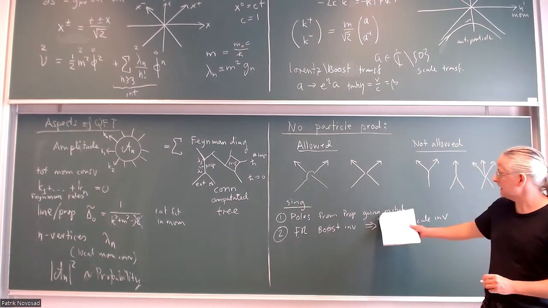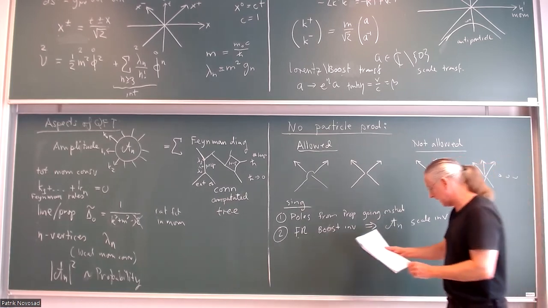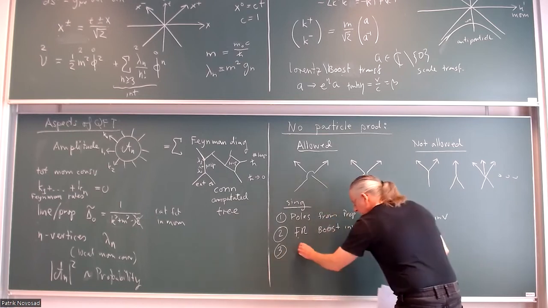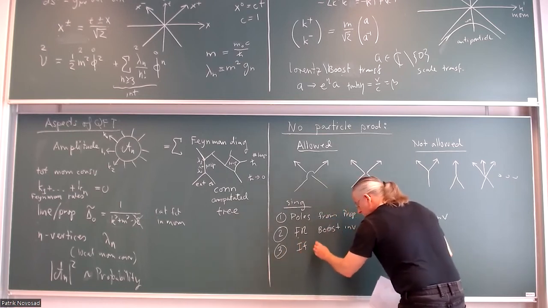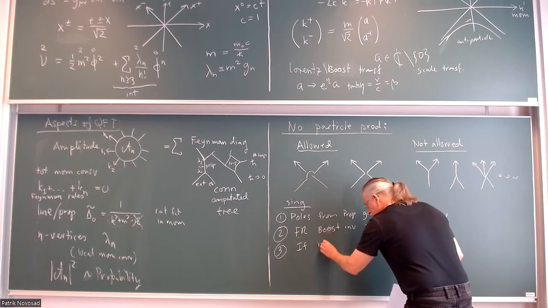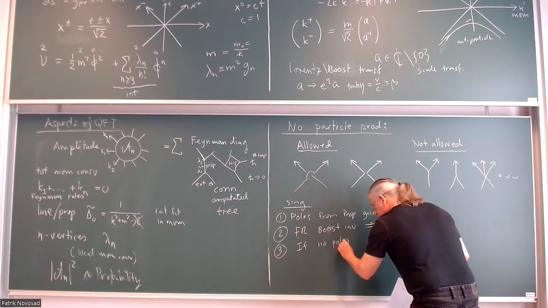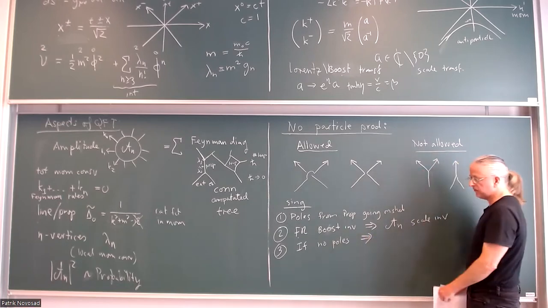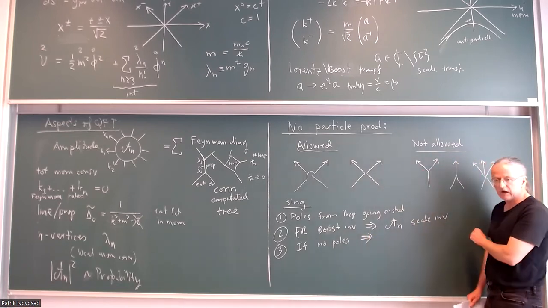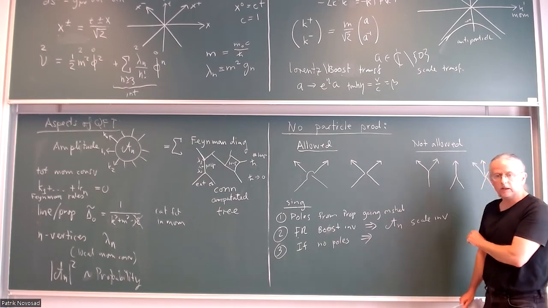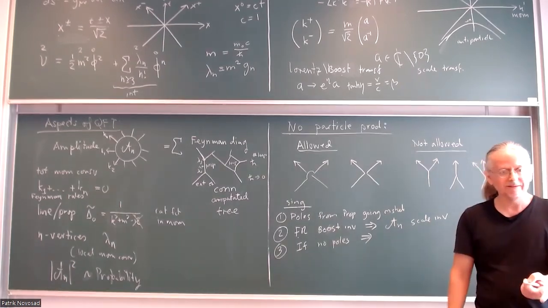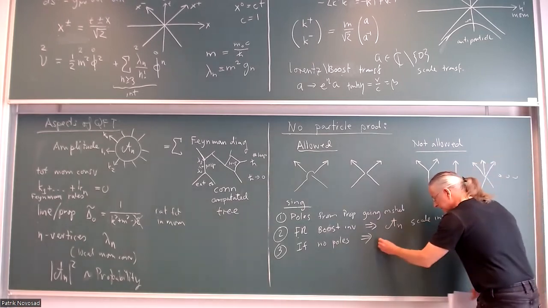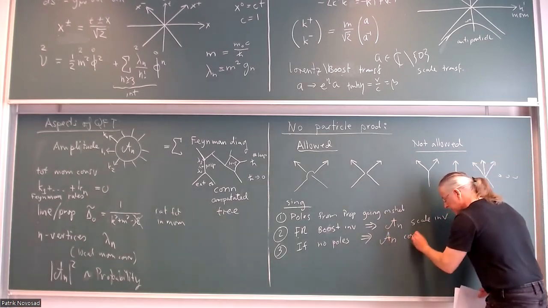So we get an extremely important conclusion: if there are no poles, then the amplitude is a rational function that is scale invariant. What can it be? It can only be a constant. So that means the amplitude must be constant.